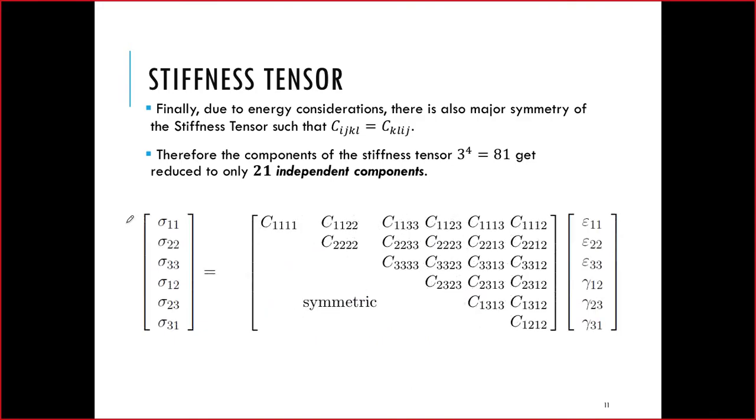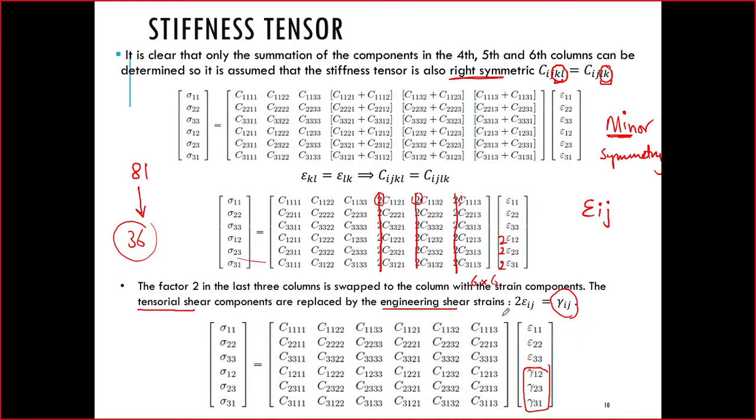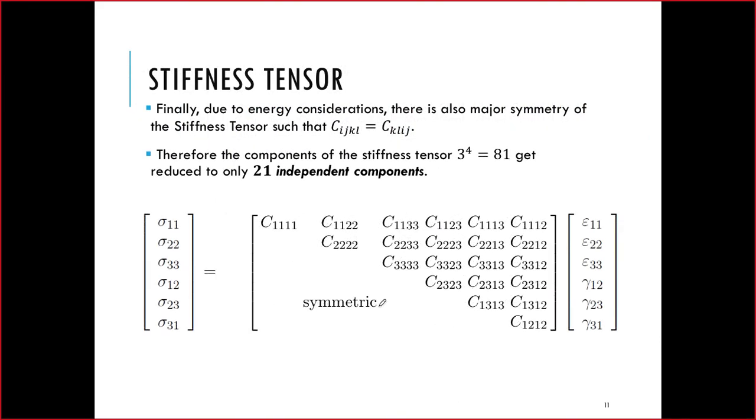Or what we get is कि जो मैंने last page पे लिखा हुआ था right here, it's just कि this thing, this matrix right here is symmetric. And these are the 21 independent components of the stiffness tensor.